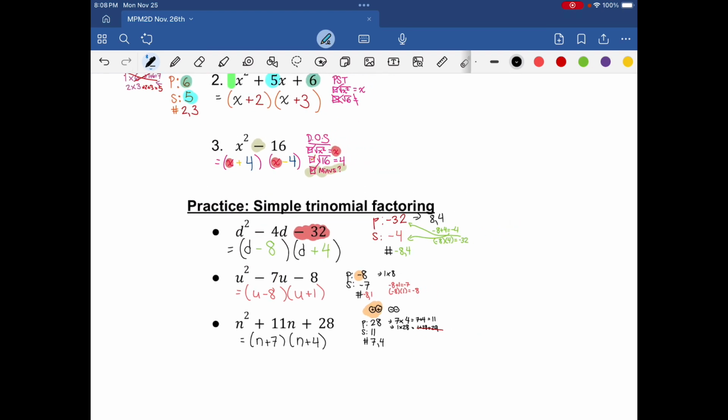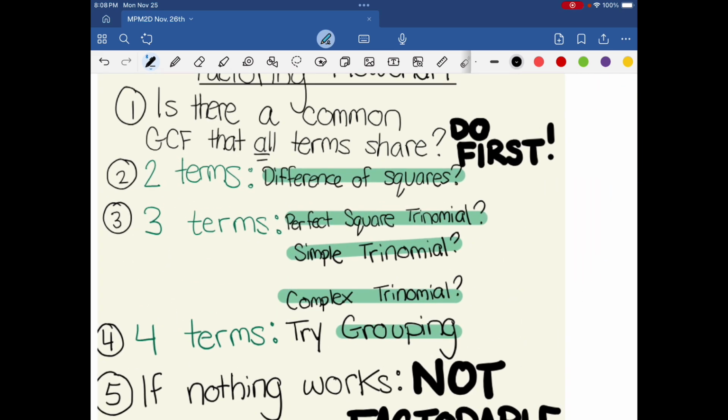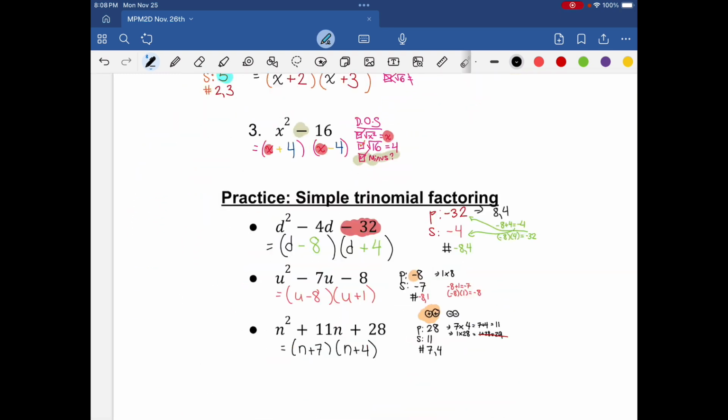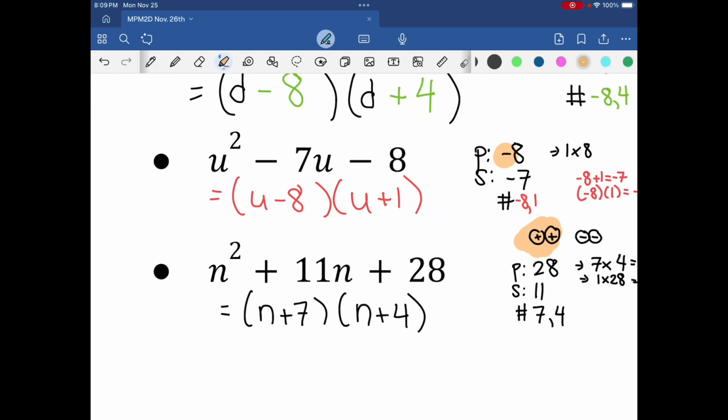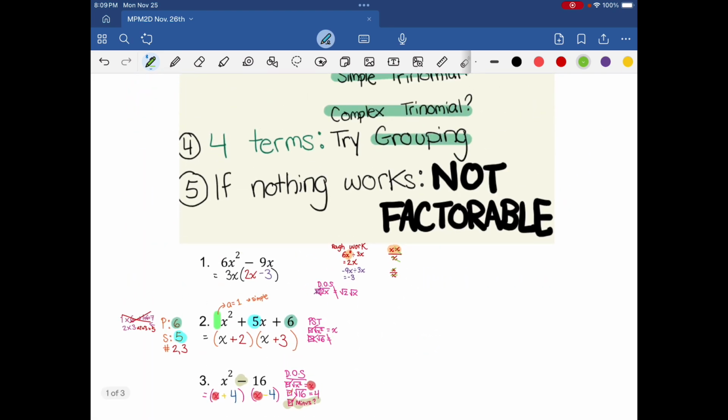Okay, so this is a simple trinomial factoring. So remember, if it has 3 terms and the number in front of your squared term is equal to positive 1, then it's a simple trinomial.